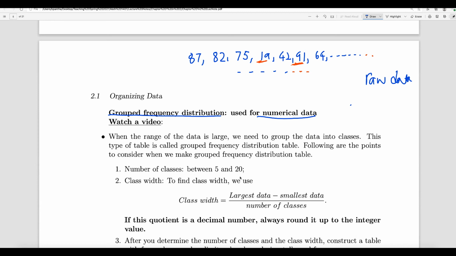For the grouped frequency distribution table, you will need at least 3 or 4 columns. Before we make a table, we need some discussion, and then we will start to make the table. So the number of classes must be between 5 and 20. How many classes should you make?